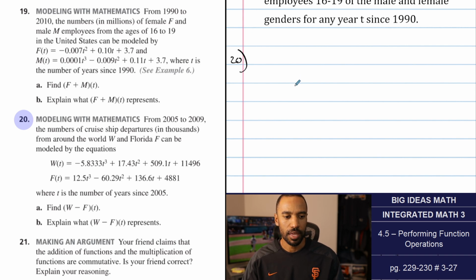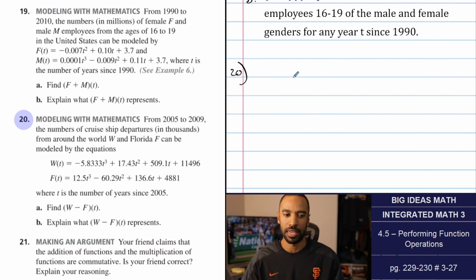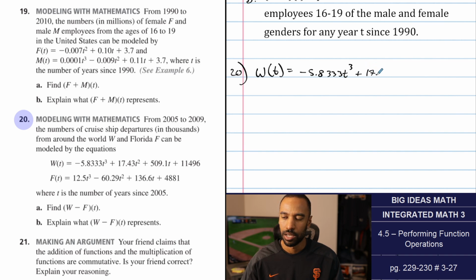From 2005 to 2009, the numbers of cruise ship departures in thousands from around the world, W, and Florida, F, can be modeled by the equations here. So W, okay, notice we're going to do a subtraction of these. Let's see if I can line these up to start with, so I don't have to write any additional stuff. Looks like a repeated 3, my friends, plus 17.43 t squared.